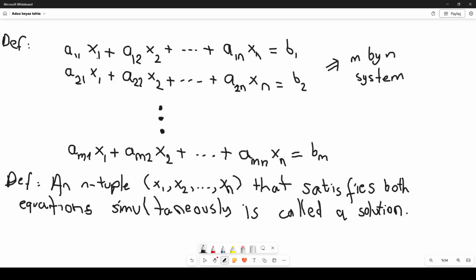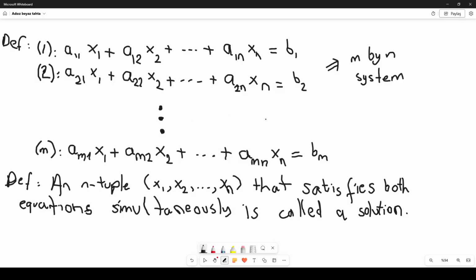a11 x1 plus a12 x2 plus and so on up to a1n xn is equal to b1, and this is the very first equation. If I number them, this is the first equation, and right below the first equation is the second one. I just number the equations starting from the top and making my way to the bottom, and say this is number m, in other words, the mth equation.